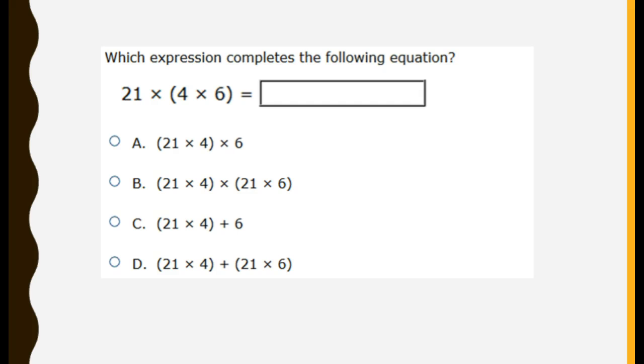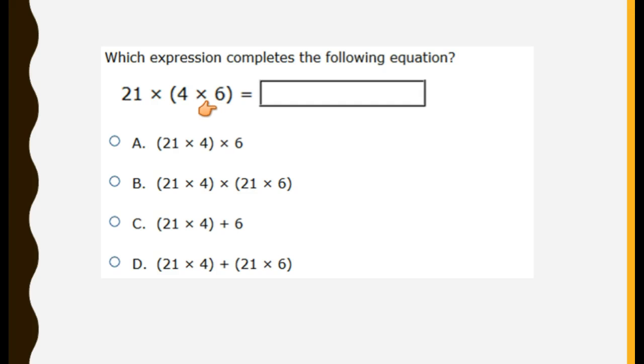Okay, so you'll come across a question that's similar to this sometimes. It says, which expression completes the following equation? So we want something that's equal. Remember our equal sign, it works like a balance. So whatever we put over here has to equal exactly what this equals.